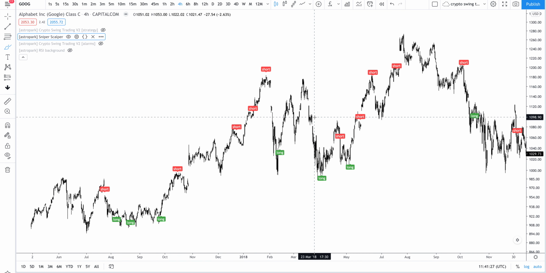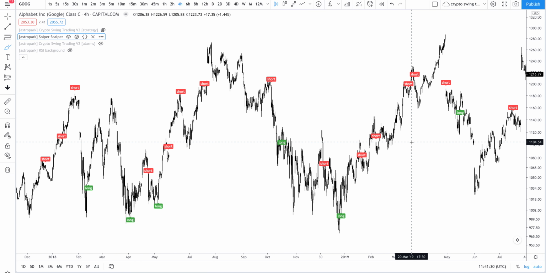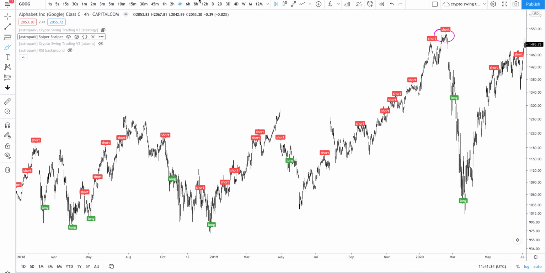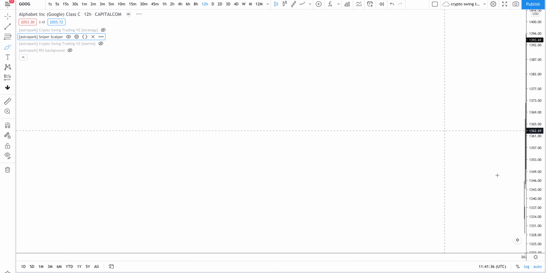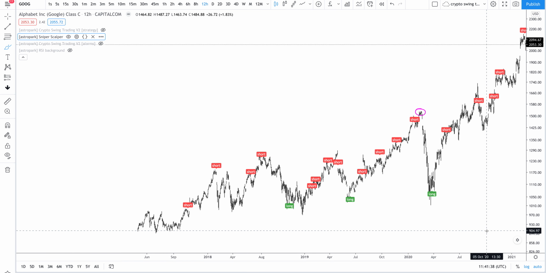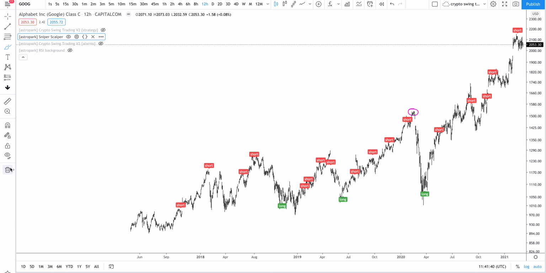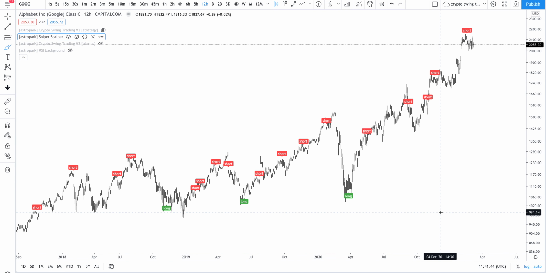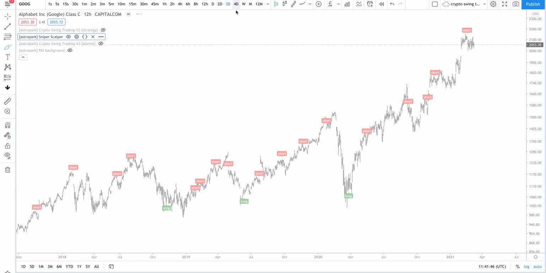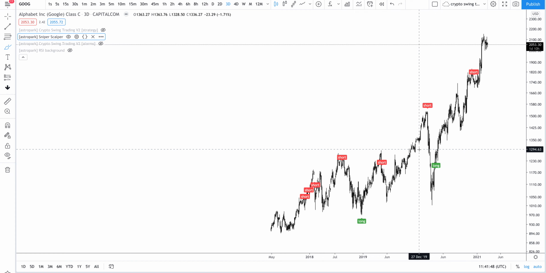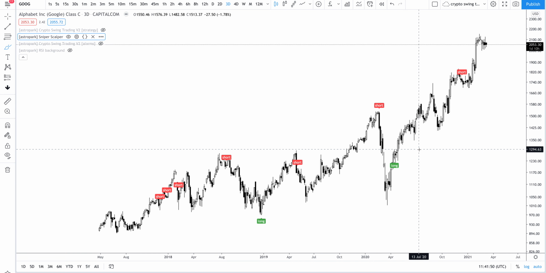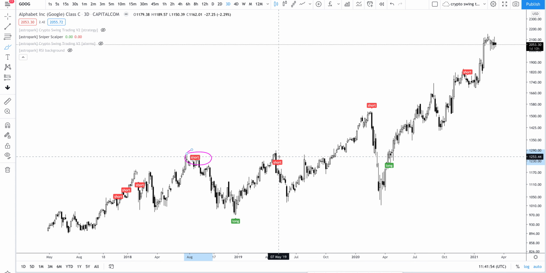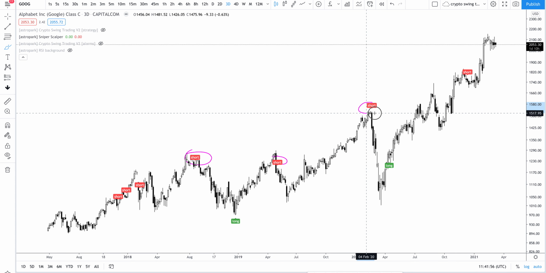By lowering the filter, you have much more signals. On higher time frames, of course, it's more trustable. As you can see, you have more trustful signals.